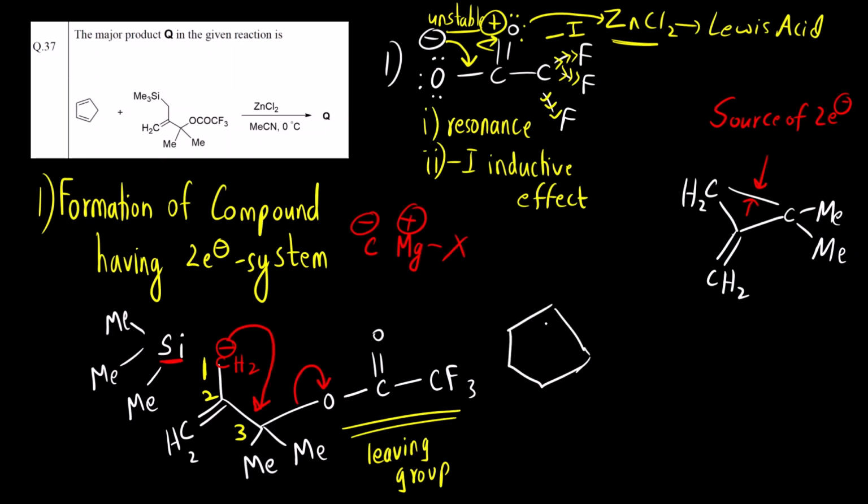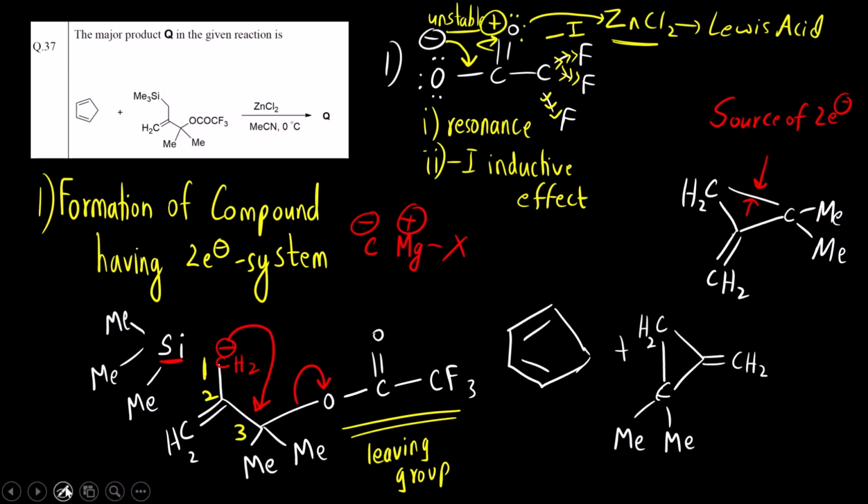This is a 5-membered ring diene. This is going to react with the sigma bond, CH2, carbon attached to 2 methyl groups, double bond CH2. So how does this reaction take place? This will attack here. The sigma bond electrons will come here and this will move here.